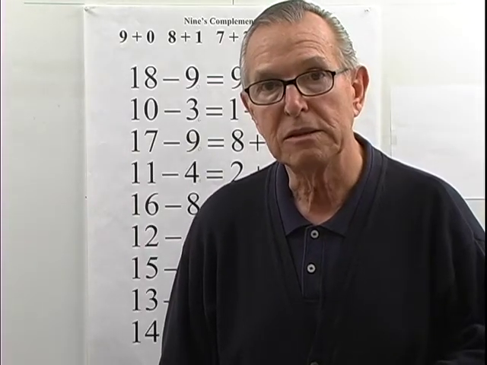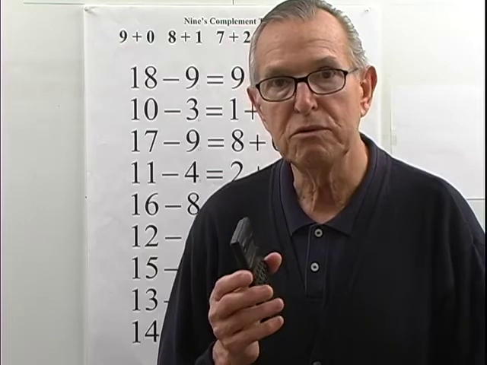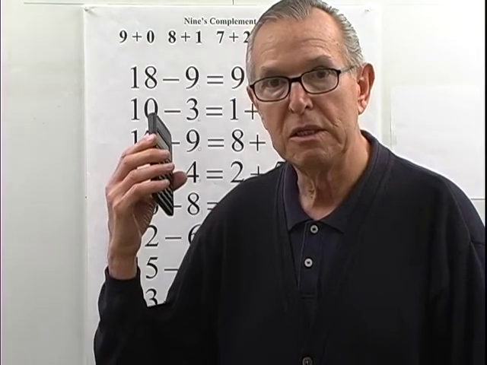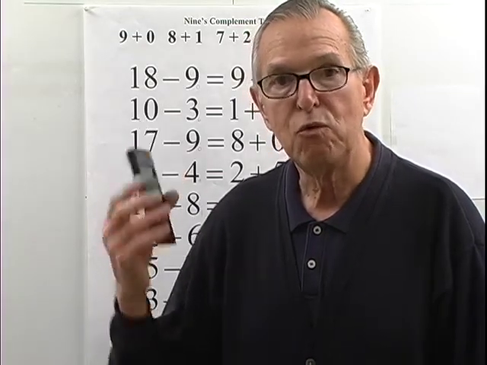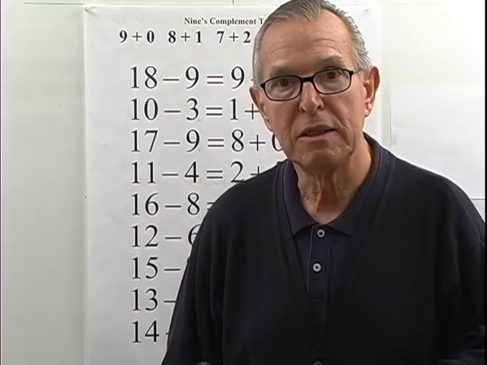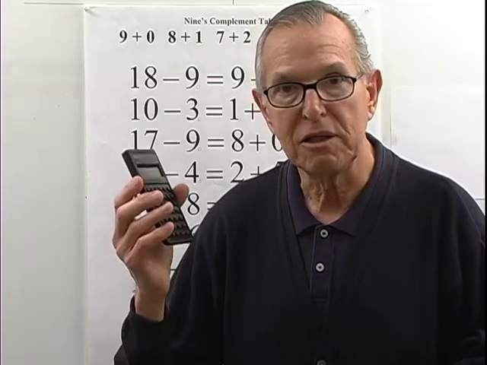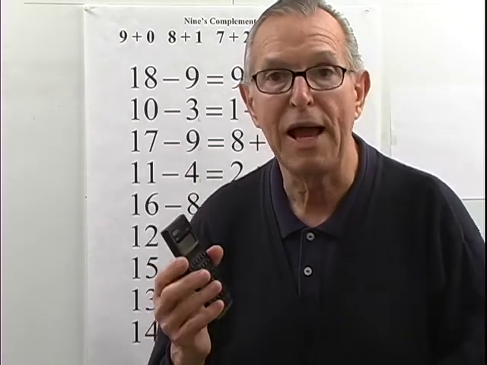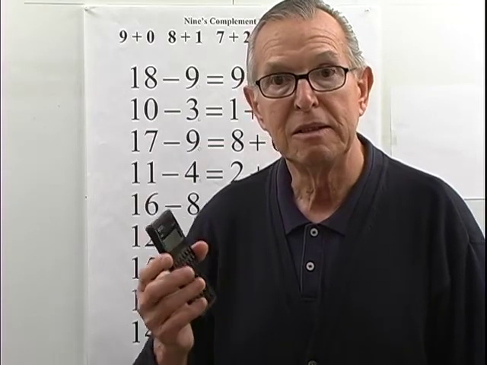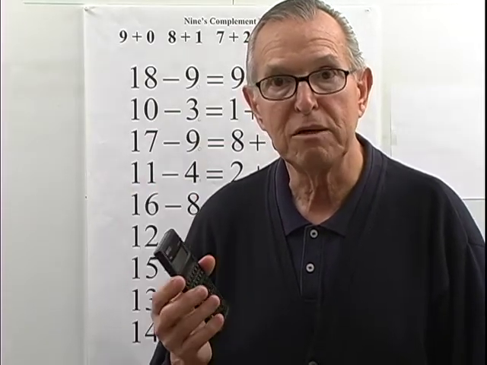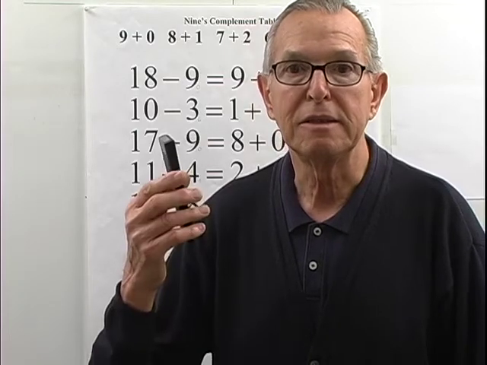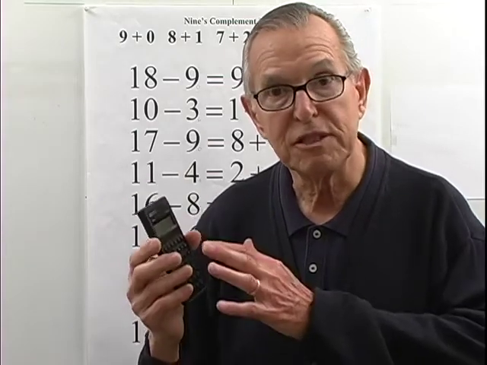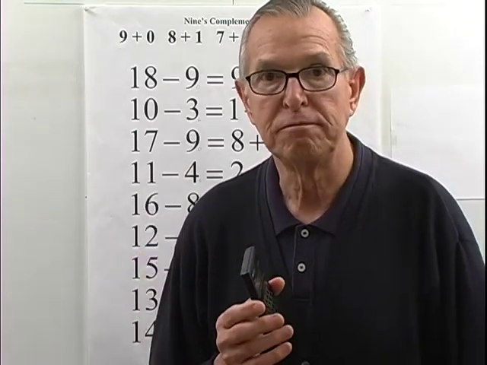So here's the point. When we do subtraction by addition, we are doing it the same way this calculator and every calculator and every computer on the planet does it. It uses 2's complement arithmetic and computes the difference by addition.